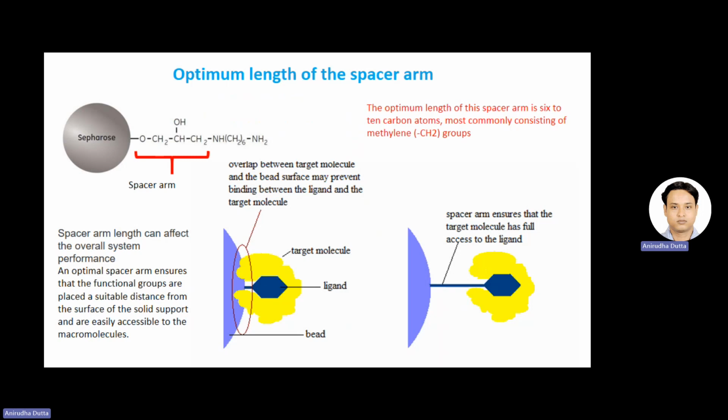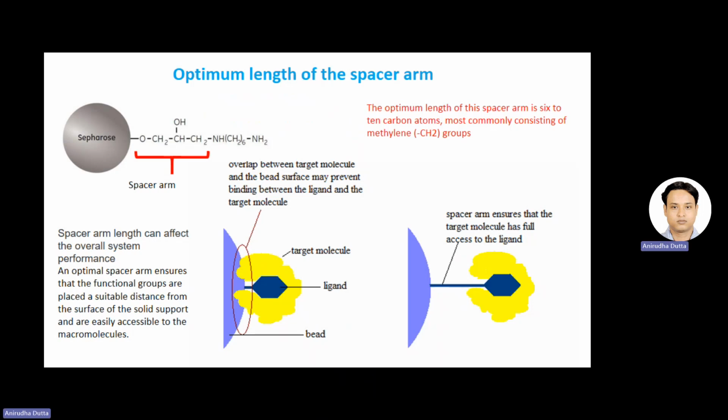In the majority of cases it is made up of CH2 groups. In certain cases we find an OH or NH2 group with that, but the majority is a hydrocarbon chain of CH2. If it is too short, there would be scope for steric hindrance that would prevent protein-ligand interaction. If it is too long, then the ligand would be highly flexible, and that also would prevent proper interaction with the protein.